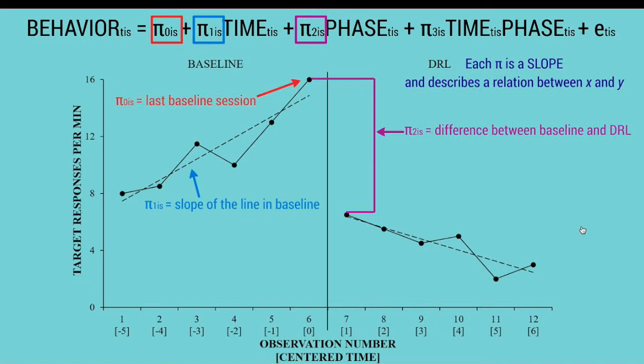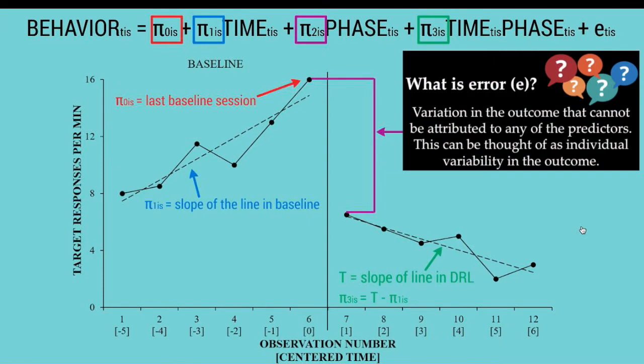So this is the actual difference between the last baseline session and the first DRL session. And finally, pi sub 3 is the difference in slope, the change in slope between the baseline condition and the DRL condition. So that is the interaction between both time and phase. And then E is error.